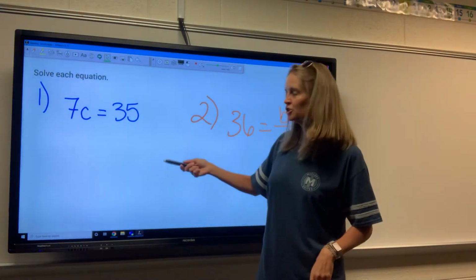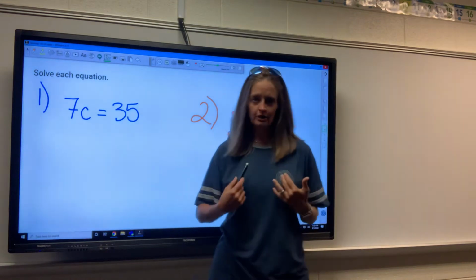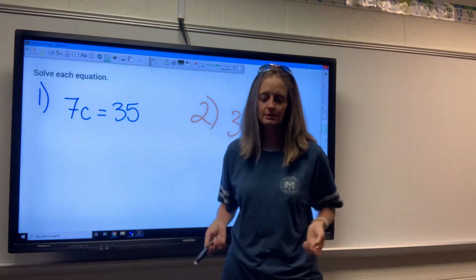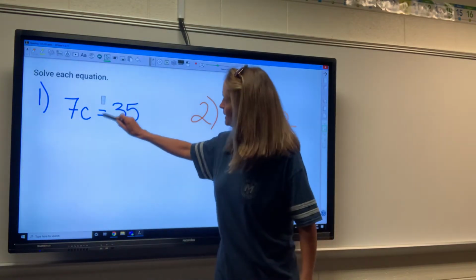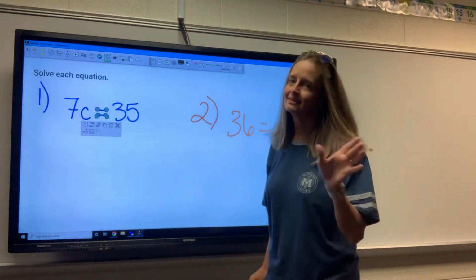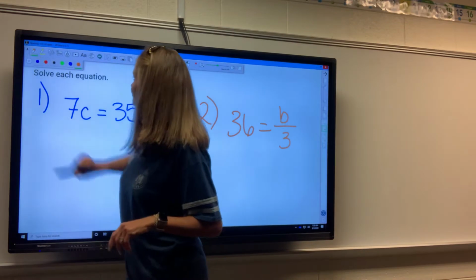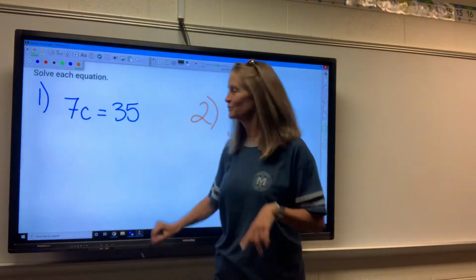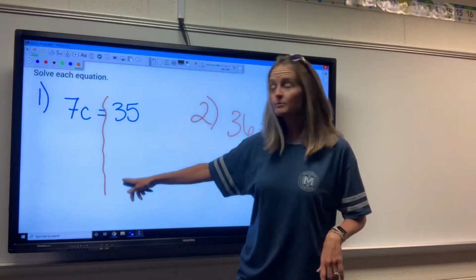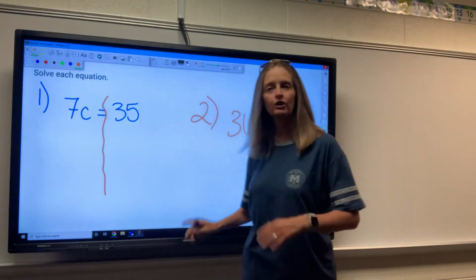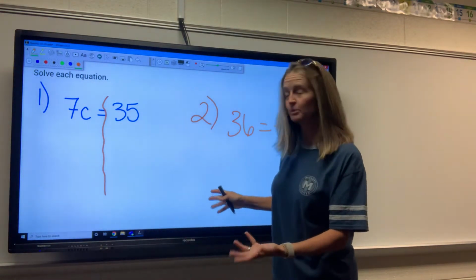So what you're going to do when you solve, this is what I like to do. And unfortunately, since Miss Moore's not here, this is what you got. I like to use orange. What I like to do is what I call draw a river, because this kind of looks like a bridge. So I draw a river and I separate the equation into 2 separate sides.